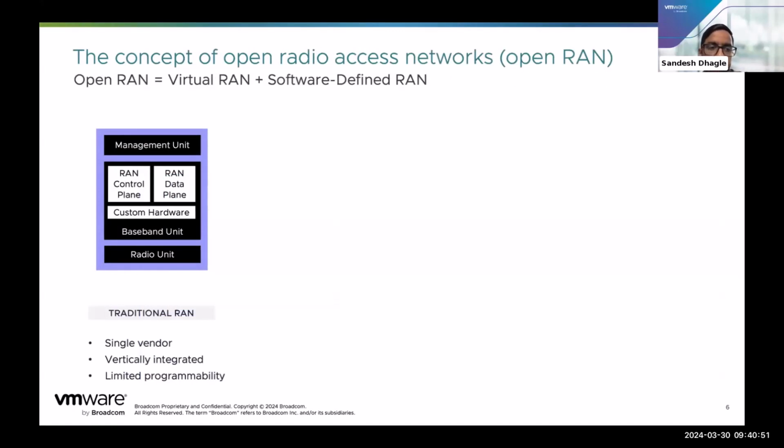This is because if you look at it from the CSP's perspective, their most precious asset in the network is the spectrum, and the RAN is the only component in the whole CSP's network that touches or manages that most precious asset.